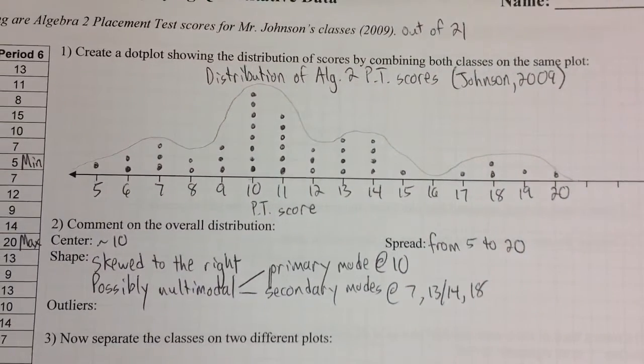Yes, sir? For it to be multimodal, the peaks have to be not due to chance. You just said possibly multimodal. I don't know if they're due to chance. So I'm going to say possibly. So if the peaks occurred due to chance, are they not multimodal? You get what I mean? That's a good question.